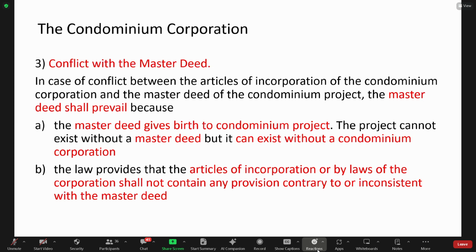Mali yung naisip ko dun sa dati. So, ibahin ko na lang dito sa articles of incorporation. Ngayon, kung gawin mo man yon at nademanda ka ng unit owner, yung master deed pa rin ang masusunod. Okay?